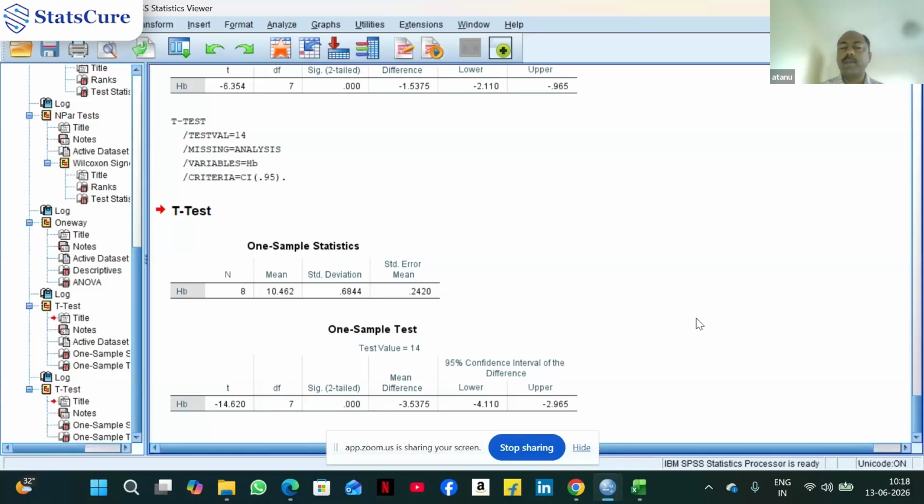Now it became minus 4.1 to minus 2.96, and the mean difference also rose from minus 1.53 to minus 3.53. It's becoming much more significant, because earlier we had already reached significance level, so it's difficult to identify how much more, but we still have a much higher significance value there. Now one step more, Akash.